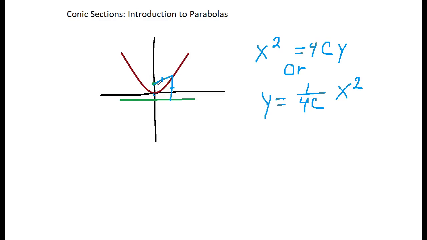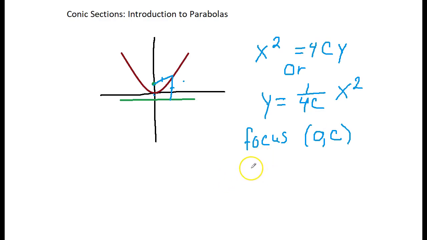So c is the distance from the vertex of the parabola to that focus. So in other words, we could say that our focus for this would be at the point (0, c).